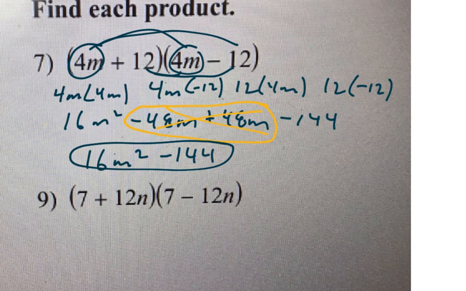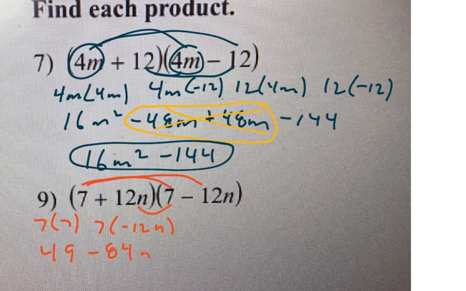Let's do one more of these types of problems. I'm going to do 7 times 7. That's 49. 7 times minus 12n, minus 84n. 12n times 7. That's a plus 84n. 12n times minus 12. That's a minus 144n squared.